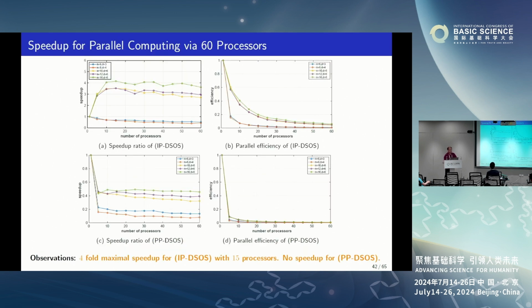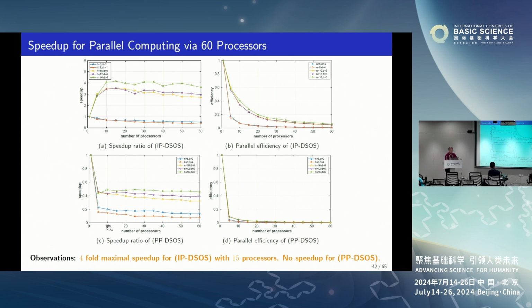And here is a parallel test. We use 60 processors, and for the cases IP, DSOS, and PP, because these decompose monomial by monomial, we can parallelize that. We show that there is a maximal speedup of 4 for the first one, with around 15 processors. But there is no speedup in PP.